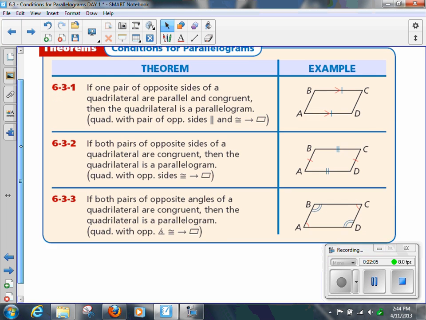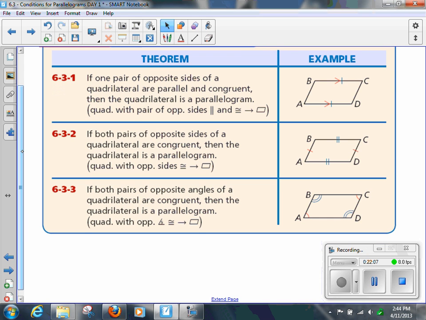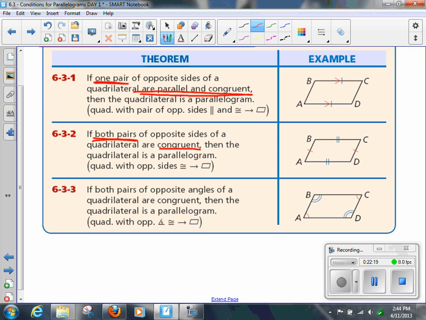This is where I'm going to be nitpicky. So both pairs of opposite sides. This says 1 pair are parallel and congruent. This says both pairs are congruent. This says both pairs of opposite angles, both pairs, meaning 2 pairs.